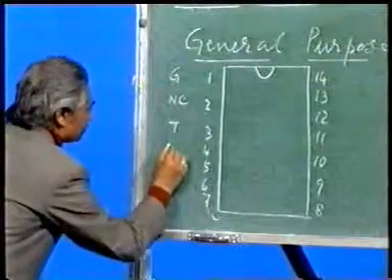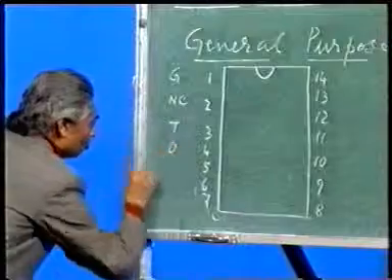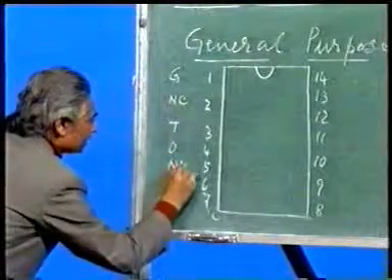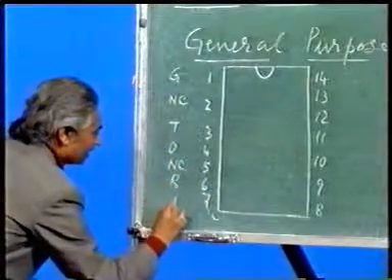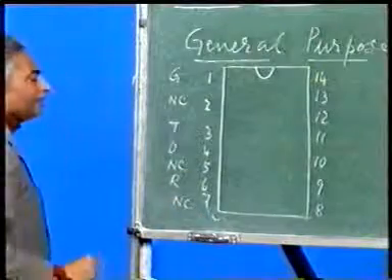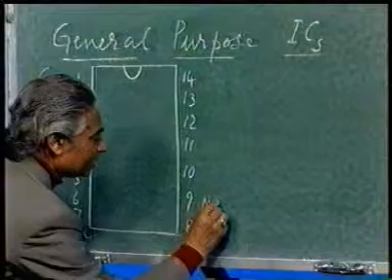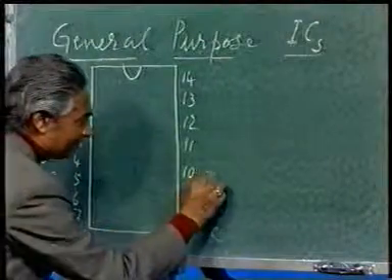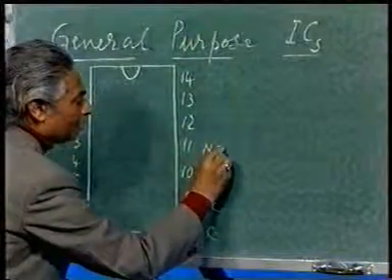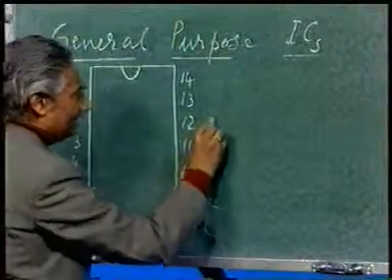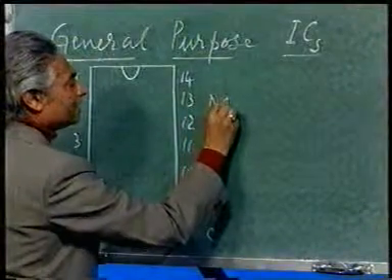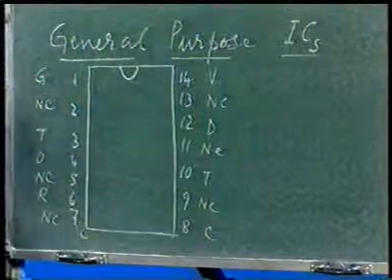Then after T it is O, then no connection, then R, and no connection. Here it is C, no connection, then T, no connection, then D, no connection, and V. What does it mean?